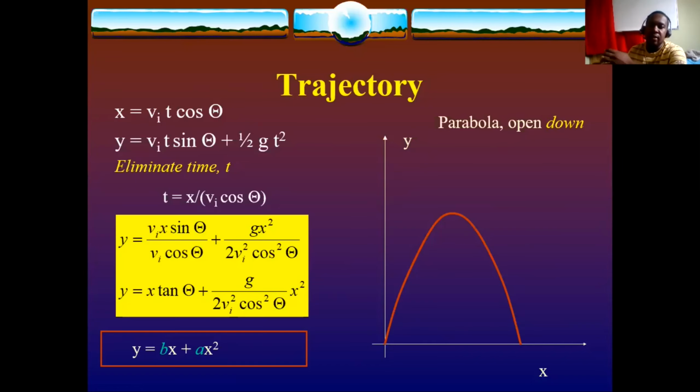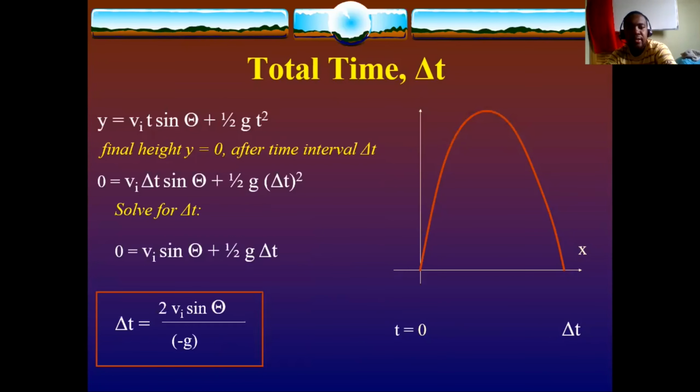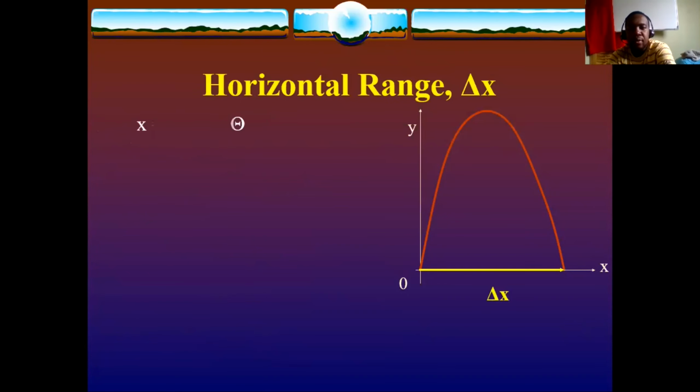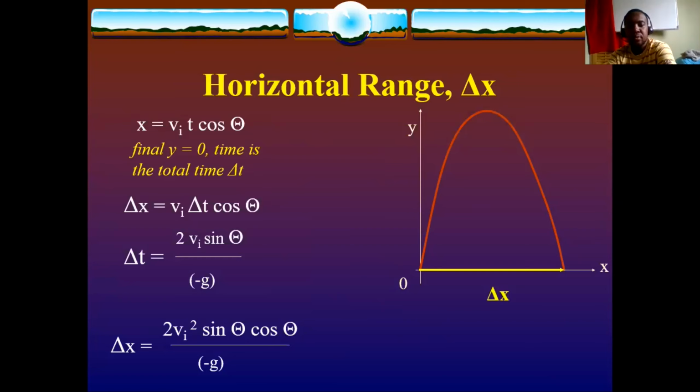Looks like the quadratic equation, y equals ax squared plus bx. All right, and the total time for when it's a full parabolic motion is 2vi sine theta over negative g. All right, remember g is negative 9.8, and your total range would be 2vi squared sine theta cos theta over negative g.